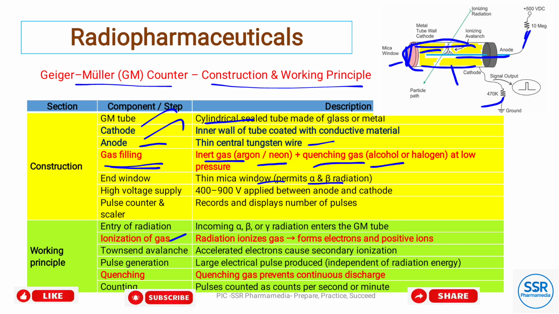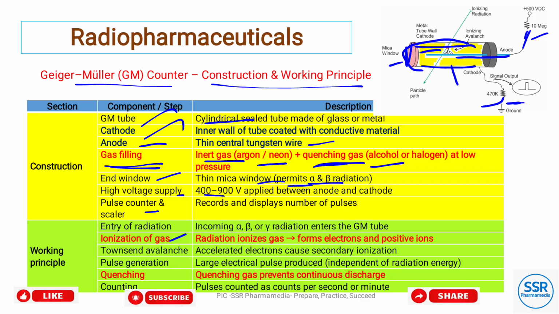Gas is filled inside the tube along with the quenching gas. The end window is made of mica. Through this window alpha and beta radiations enter, and power is supplied through the voltage. It is connected to the pulse counter scaler for recording and display.